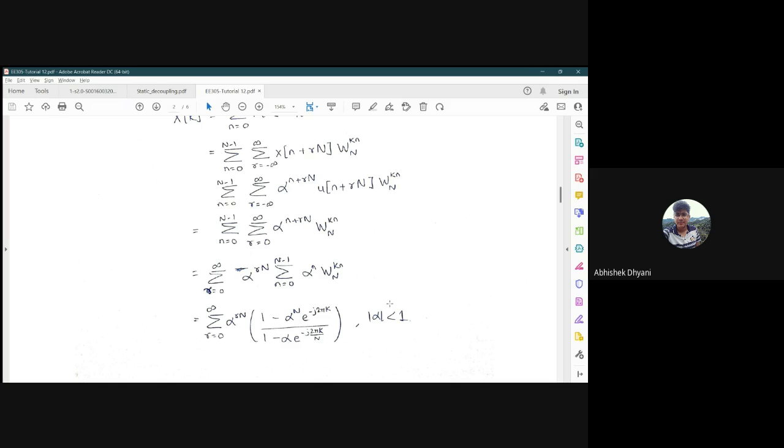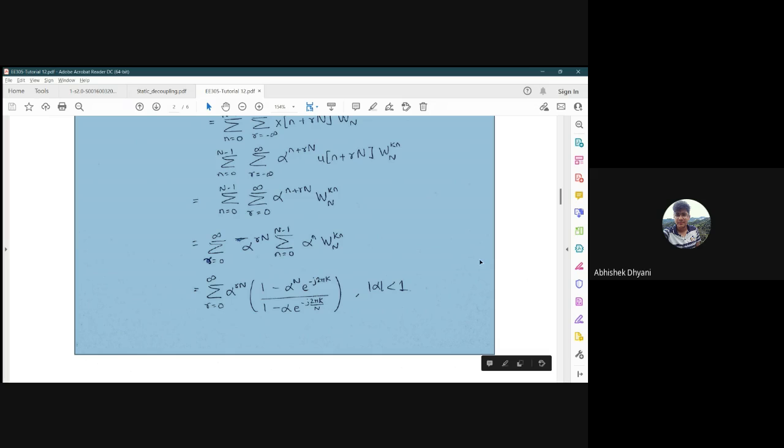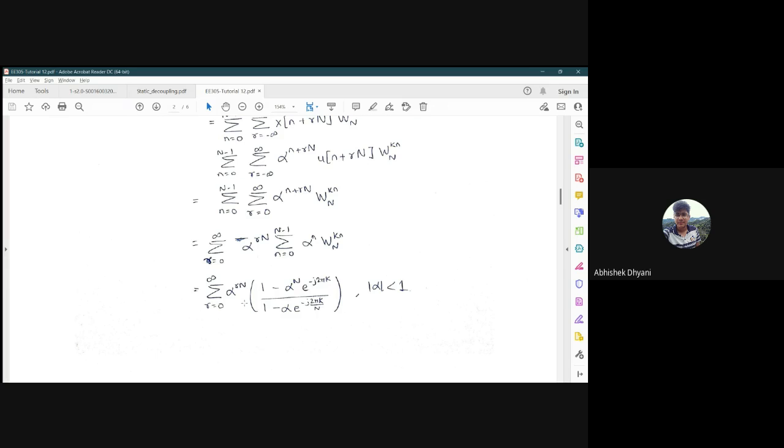So yeah, that's how we obtain. Basically, in the numerator we have small n equals capital N, and in the denominator we just have it without the power small n. So this is what we'll get, right? And then obviously there is another summation, which is alpha r raised to the power n, and this is quite straightforward.